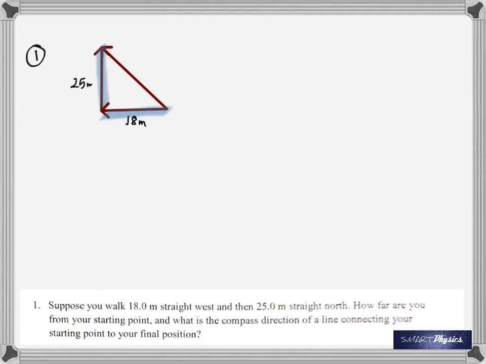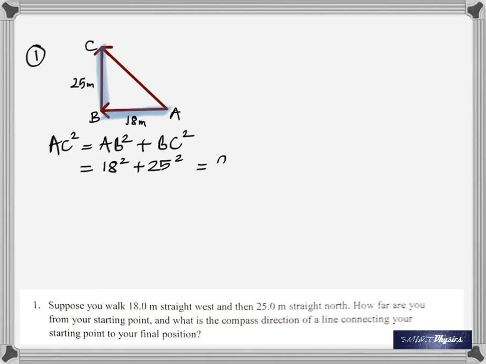Okay, so that's 18, 25, and looking for AC, and use the Pythagorean theorem to find that. You get it as square root of 949, which is 30.8 meters.